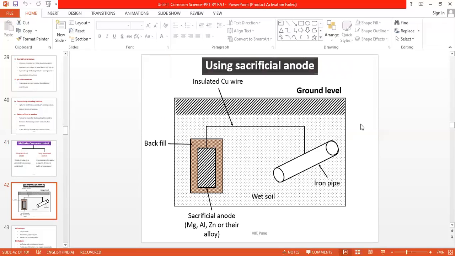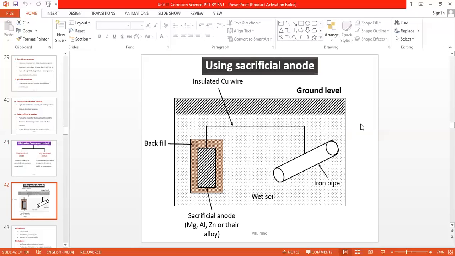Now we will see the method of using sacrificial anode. Already, as I have stated, we have to protect the desired metal by coupling it with any metal placed above it in the galvanic series. For example, if the base metal is an iron pipe, we can protect it with magnesium, aluminum, zinc, or their alloys, which will function as sacrificial anode.